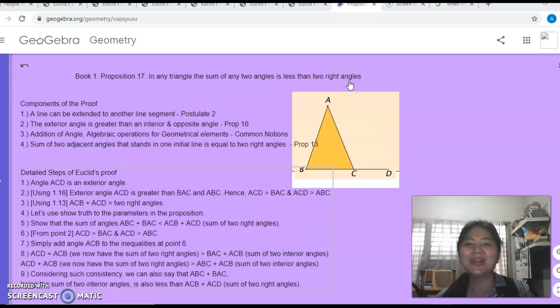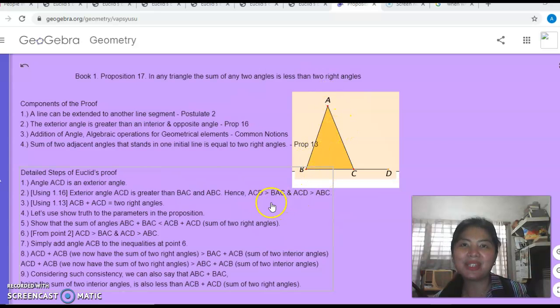All right. Let's now move on to the proof. Step 1 is a given. Angle ACD is an exterior angle. So we need to use that. And we have to use Proposition 16: exterior angle ACD is greater than the interior opposite angles BAC and ABC.